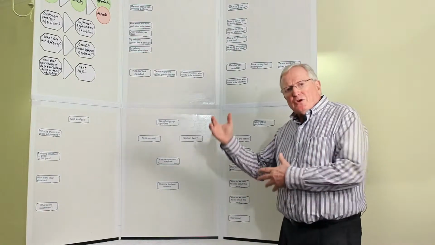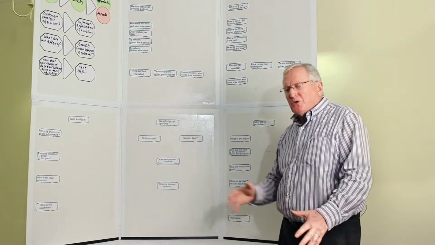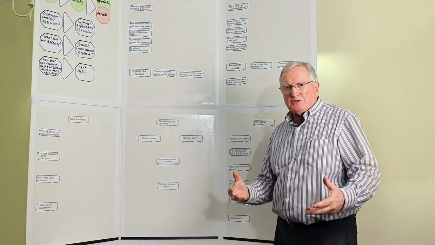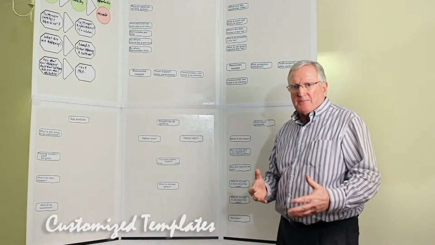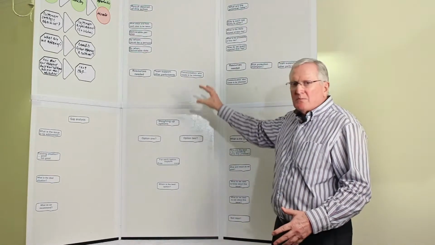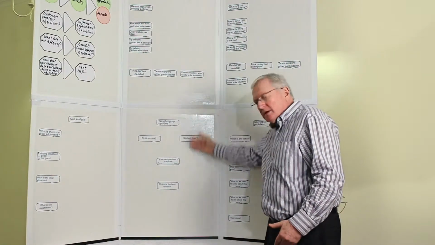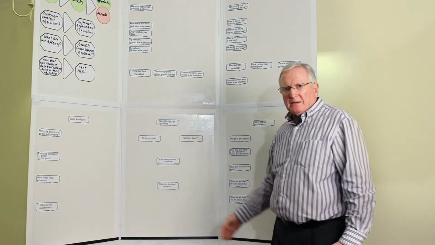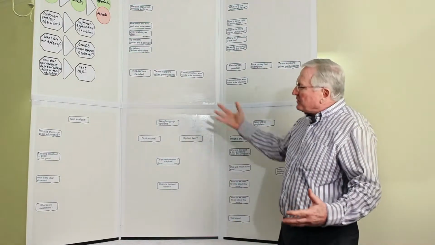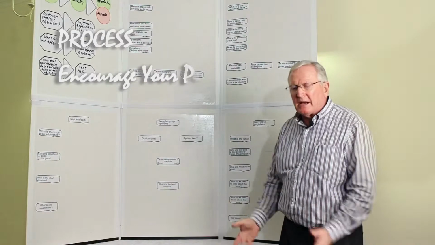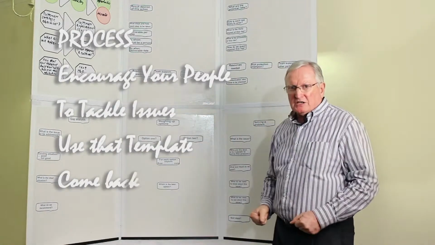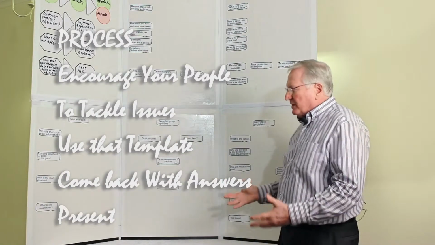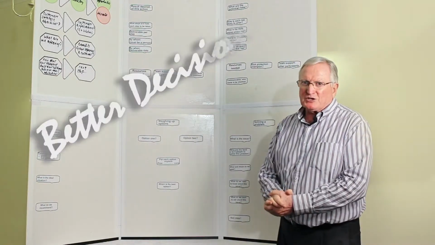And then during a one-day exercise where we work with you with the ThinkPods and the teams who are going to use them, we develop a series of customized templates, which we then stick onto the boards and then cover them with a glossy sheet of cellophane to protect them. And then you have a process by which you can now encourage your people to tackle issues, use that template, go away, answer the questions, come back, present it to us, and let's make some better decisions in our business.